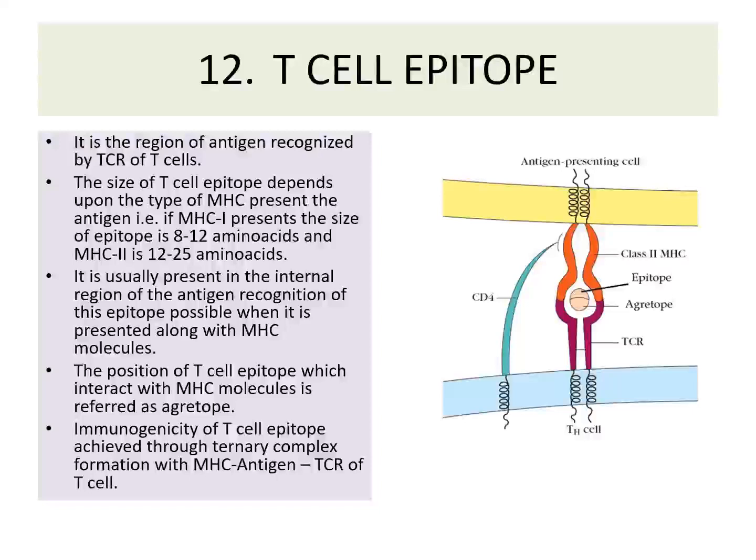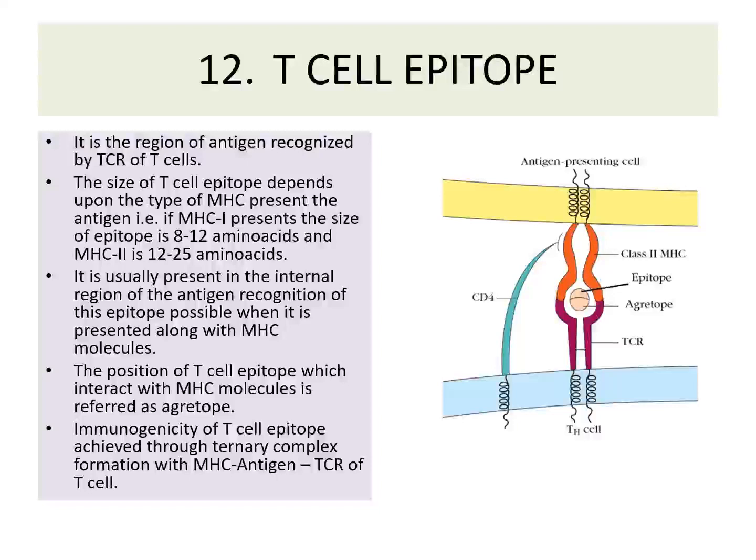The position of the T cell epitope which interacts with the MHC molecule is referred to as agretope, right? So you can say that the antigen peptide, which is processed by the MHC molecule, has two parts. One is the epitope, the second is the agretope. The epitope portion is recognized by the TCR, whereas the agretope portion is recognized by the class 2 MHC molecule.